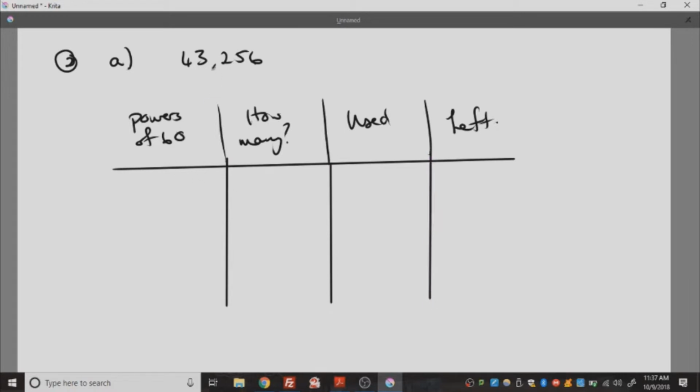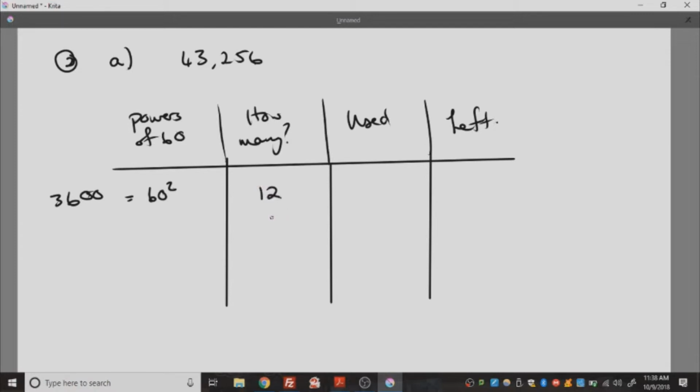How much I have left for the last column. So the highest power of 60 will be 60 squared, because I know the next one is 216,000. That's too big. So how many times does 3,600 fit into 43,256? Only whole times. So you do a division, you drop the decimals, and we get 12.